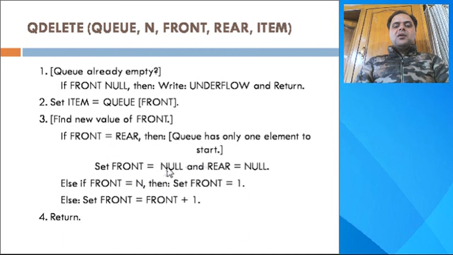That means our queue becomes empty. If this condition is not true, and if front is at n, then we set front to 1. Or if this condition is also not true, then in the normal condition we increase the value of front by 1 and return. This is how we can delete an element from a queue.